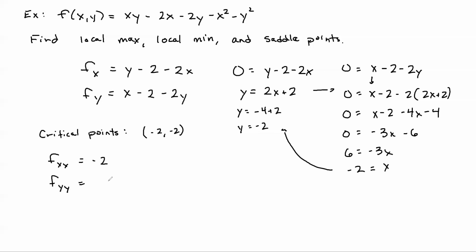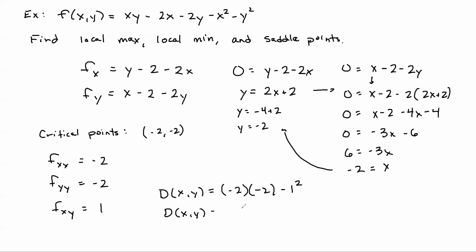Second derivative with respect to y, we get negative 2. Mixed, differentiate this with respect to y, we get 1. Put it all together, D of x comma y equals negative 2 times negative 2 minus 1 squared. And so the formula is equal to 4 minus 1, which is 3.